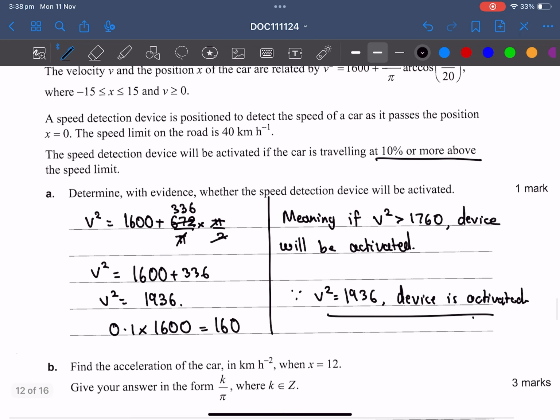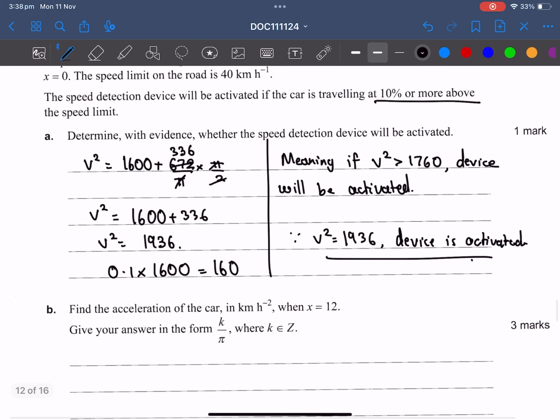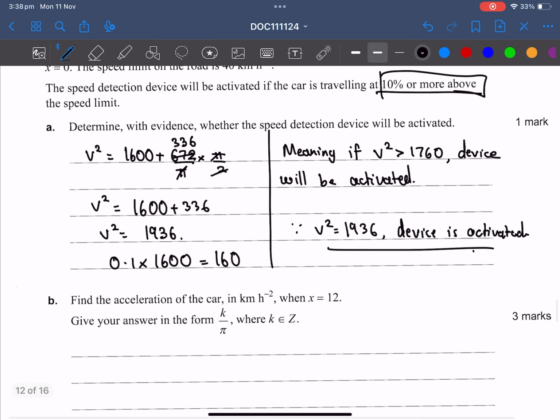Okay, so what I did basically was, we know that if we square root 1600, we get 40. So that's already the speed limit of the road. And it's given that 10% or more above the speed limit will trigger the sensor. So rather than finding the square root, I just simply found the 10% of 1600 and then found the maximum v squared before the detection is actually activated.